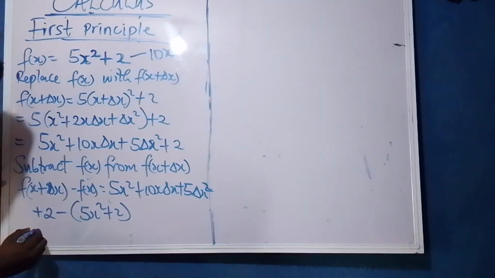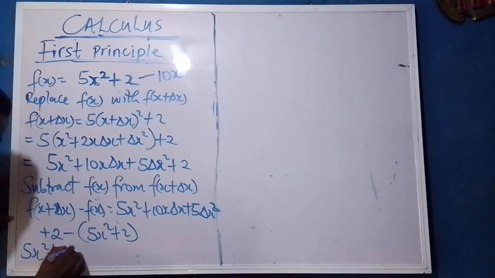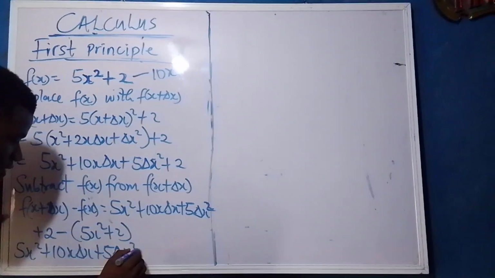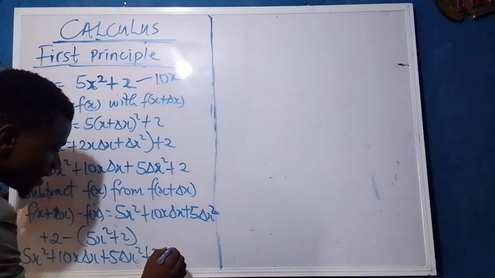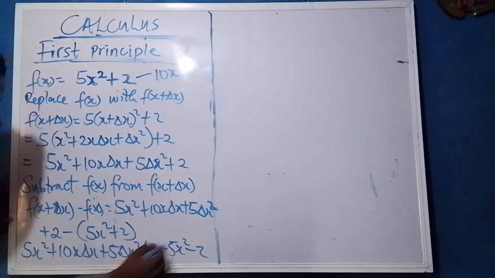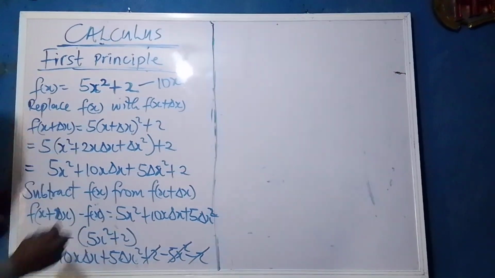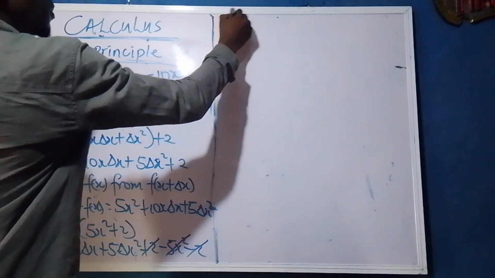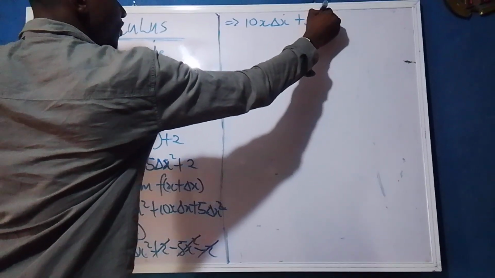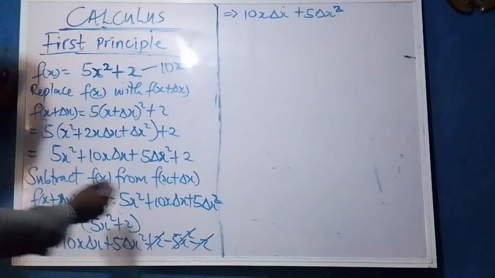So this will now be 5x squared plus 10x dx plus 5 dx squared plus 2 minus 5x squared then minus 2. So it is obvious that this will cancel out this and this will cancel out this. So we are left with 10x dx plus 5 dx squared. That's what remains after all of this simplification.